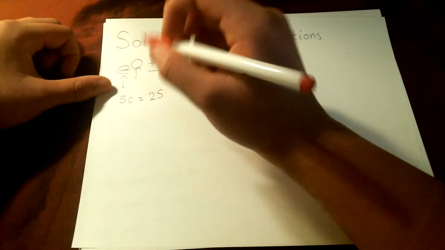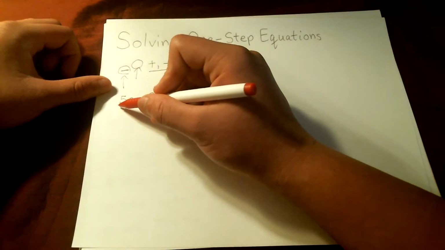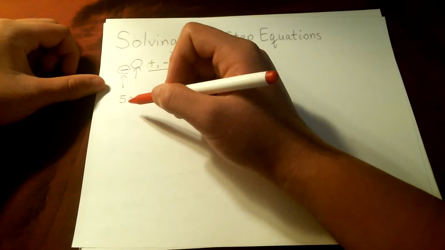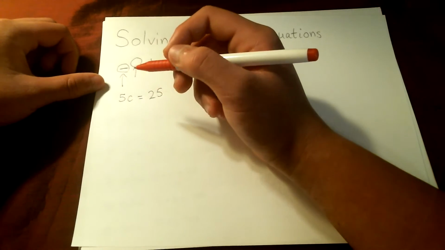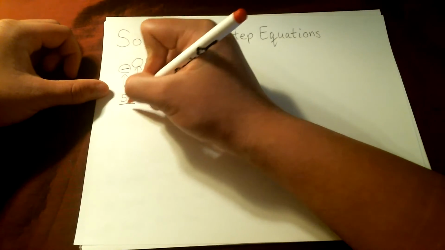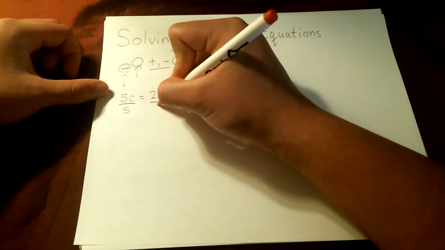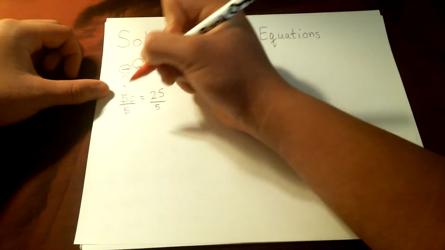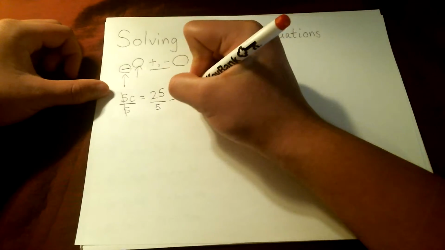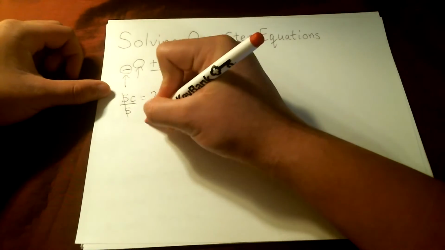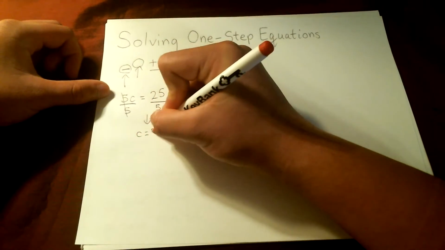In order to solve this, we would have to get rid of this coefficient, and to do that, we would divide both sides by 5. So this would cancel out, and this would equal 5. So c would equal 5.